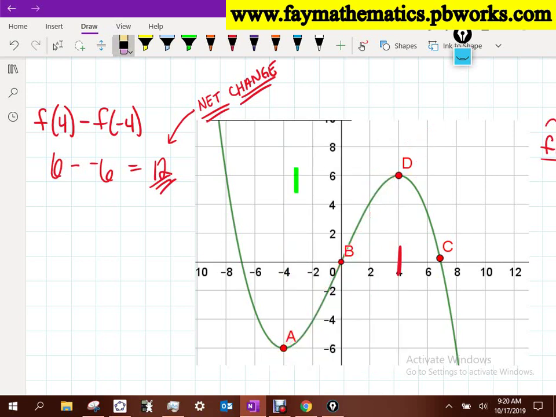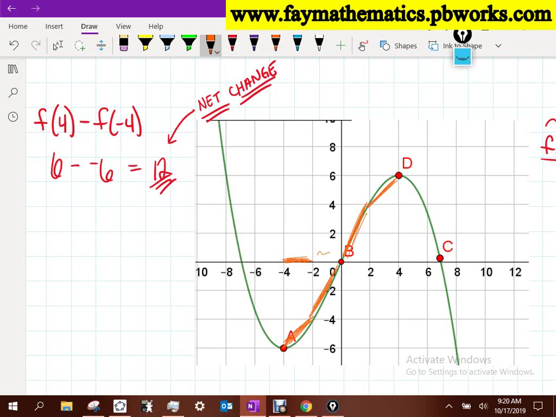Am I always changing the same amount as I walk from A to D? Or would you agree that maybe in the first 2 miles, that rate is different than the next 2 miles? You agree with that? First 2 miles, I'm not walking at as steep a rate as I am in the second 2 miles, right? And then the same thing here, so that and that are different.